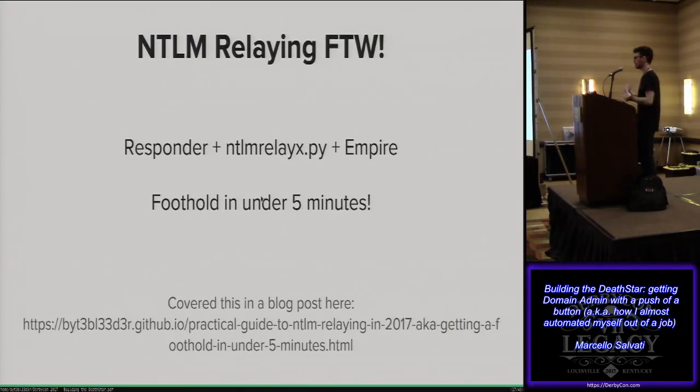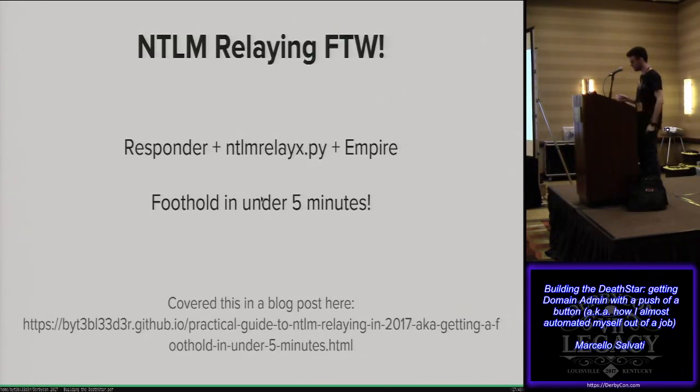You can use Responder, ntlmrelayx.py, which is a Python script that comes with the Impacket library, and Empire. You set ntlmrelayx.py to execute a command on every successful relay, and you just get shells on each machine. Usually I just set this up, grab a coffee or orange juice, come back, and I have a foothold in the network. This can be a complete talk of its own.